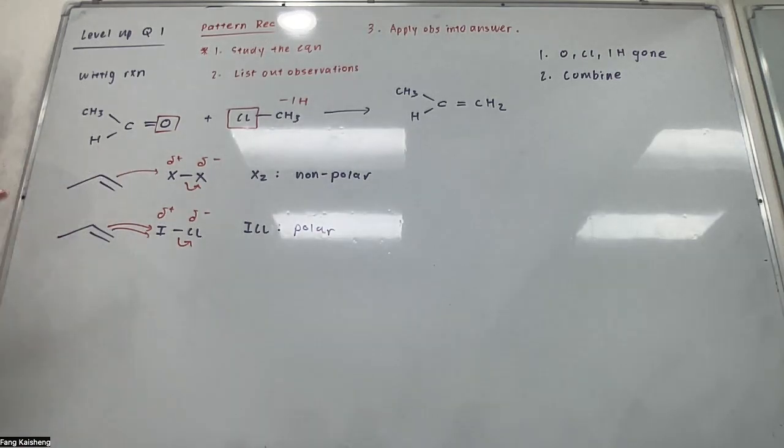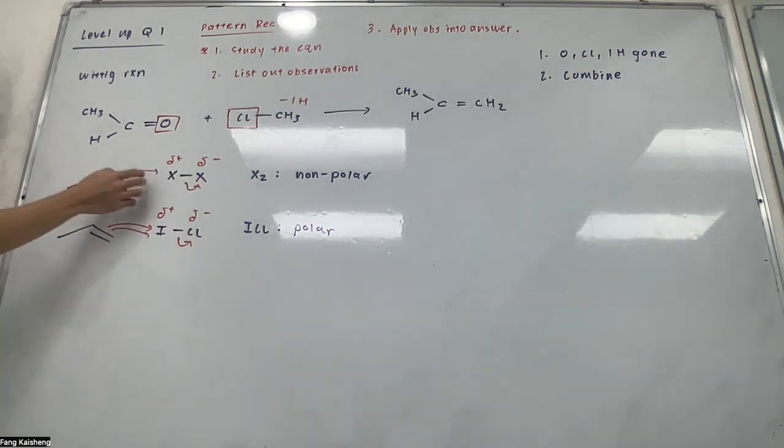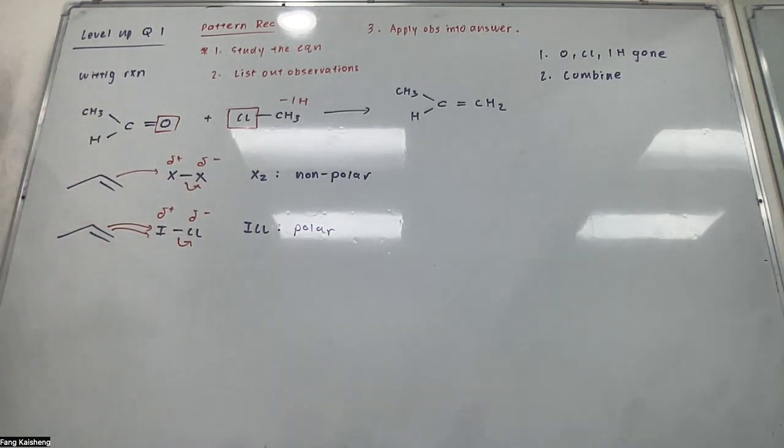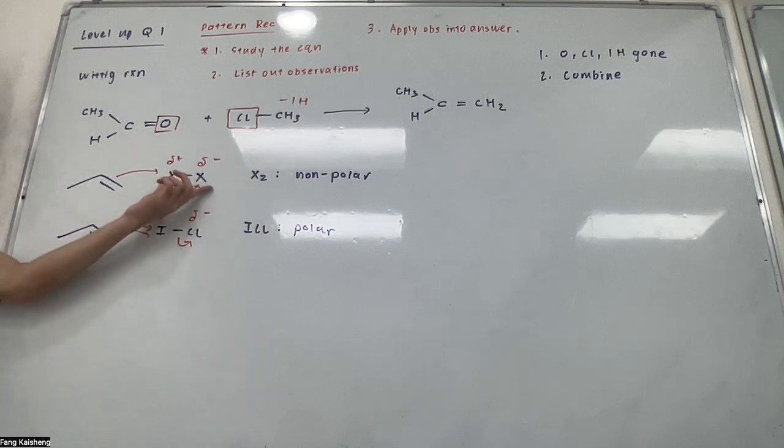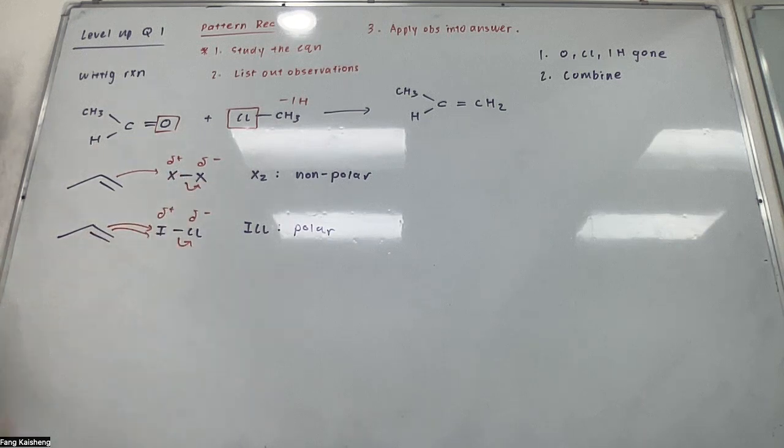How did this come about? You put it close enough, then it came about on the spot. It's induced, created on the spot. Which one is better? Of course, the one that's been here forever. This is an induced dipole. This is a permanent dipole. Permanent dipoles are stronger, so you attack faster.